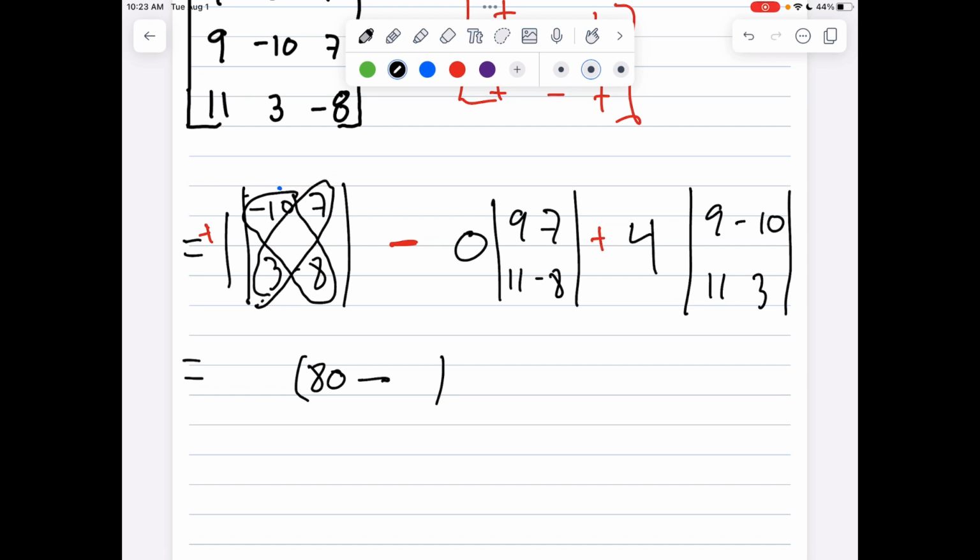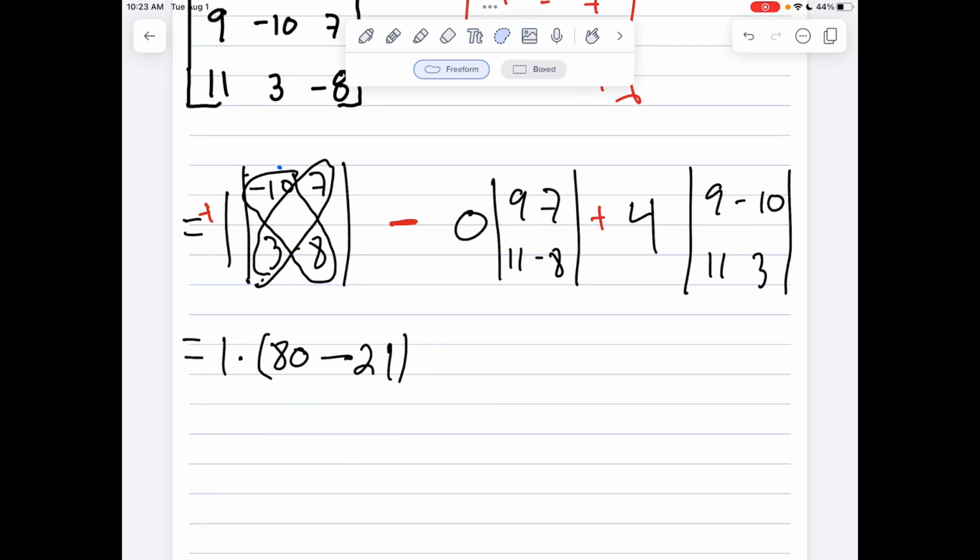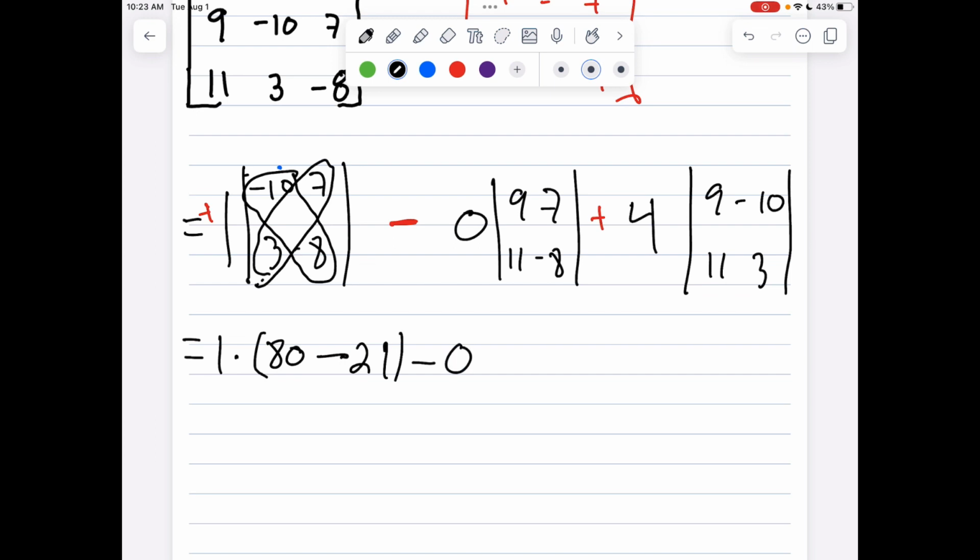So 3 times 7 is 21, times that number on the outside, which is just 1. You can put the plus on there, but it's not really needed in this case because it's just 1. The great thing here is that we have a 0, and that's going to zero everything there. But I'm still going to compute what the computation would look like.